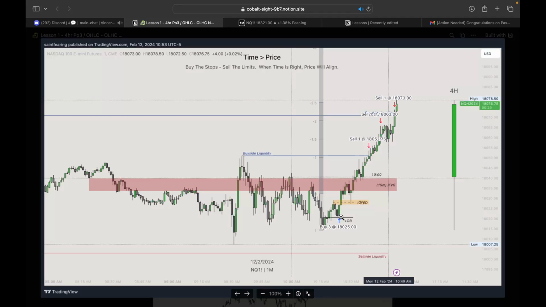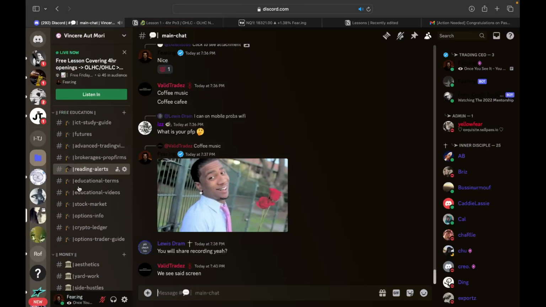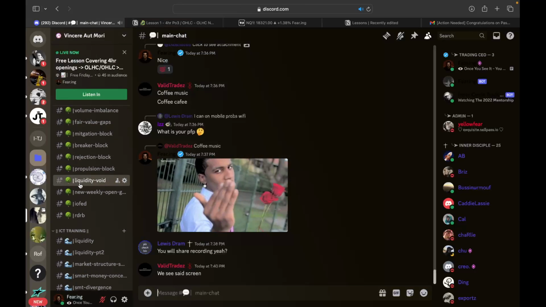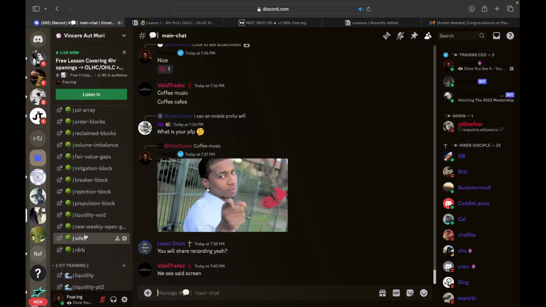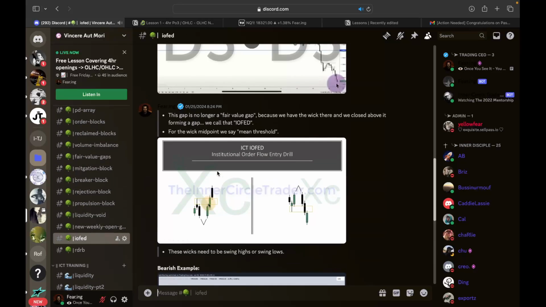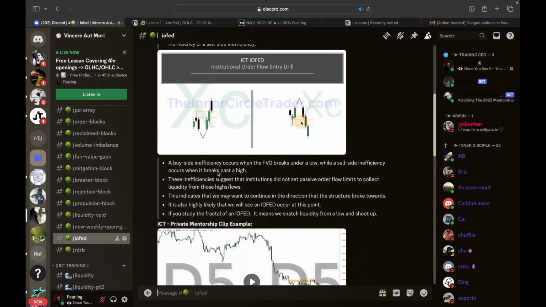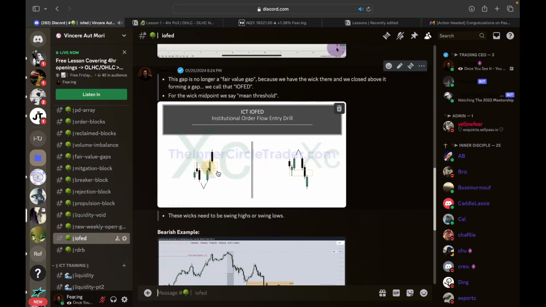I was looking at this order block entry. Obviously following that, if you wanted to be more careful, we see right after we hit this order block, we see displacement up. This would be your ideal entry. This is how ICT taught IOFT in the private mentorship, which is to show you. ICT taught it a few different ways in the private mentorship.